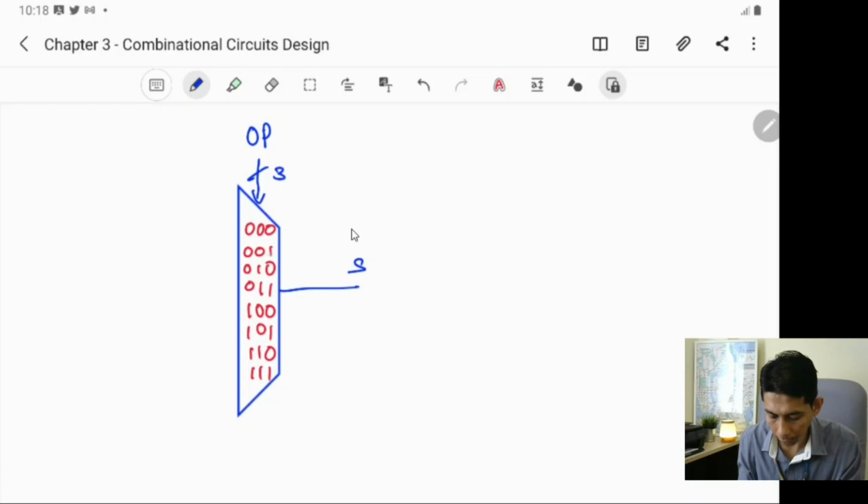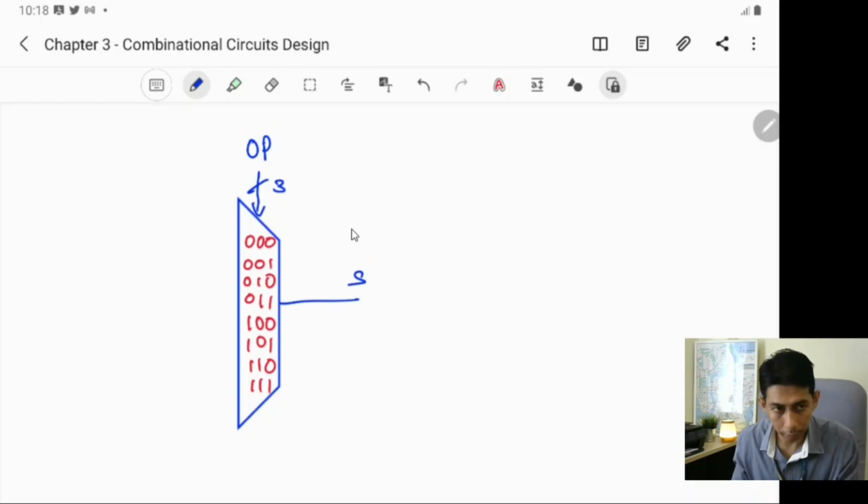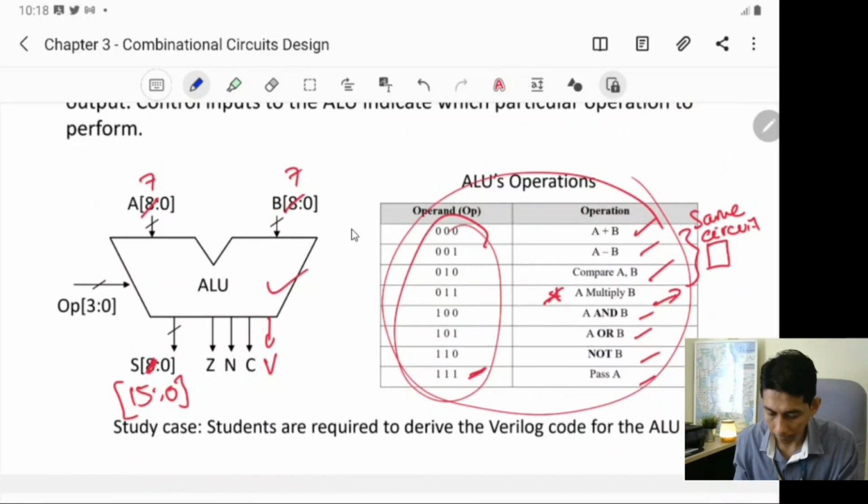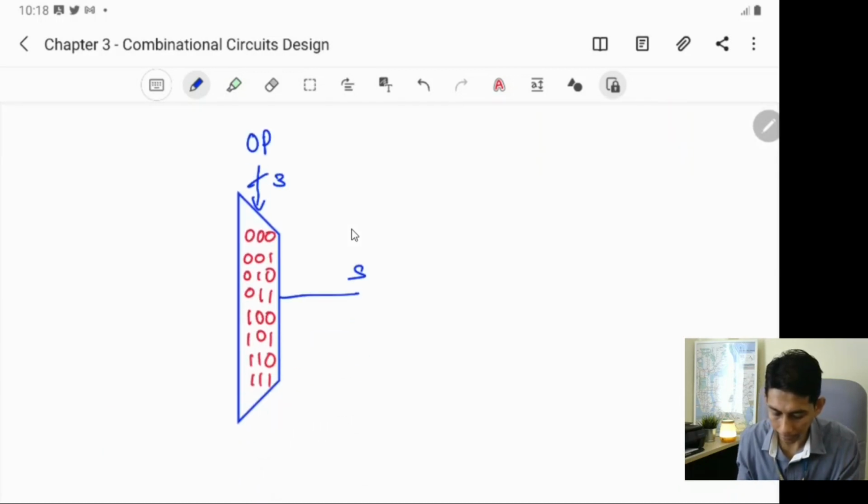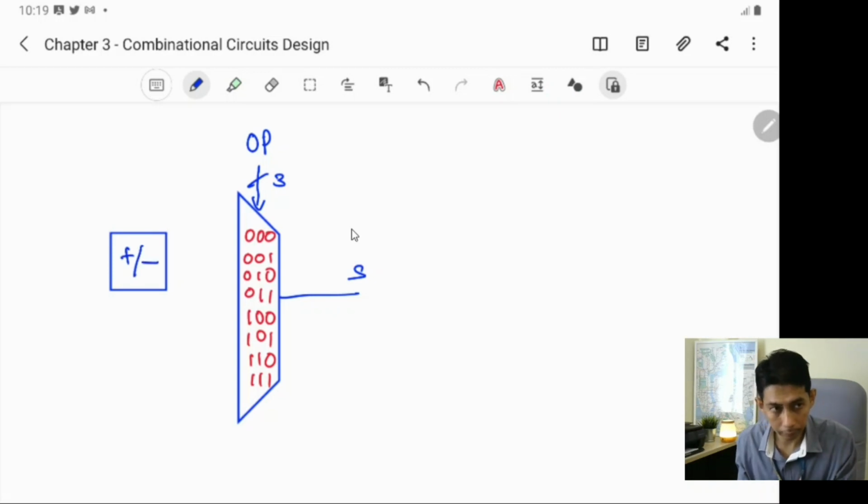Yeah. So for 0, 0, 0, 0, 0, 1, 0, 1, 0, when we look at here, this tree is the same circuit actually, the add sub circuit, right? So you can have something like this. The add sub circuit, right?